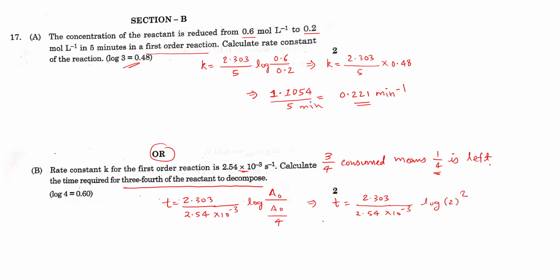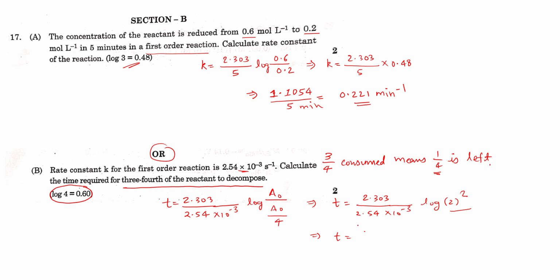Log 4 can be written as log 2 squared. But the value of log 4 is given, so I will put the value of log 4 directly instead of writing it like this. Log 4 is equal to 0.60.